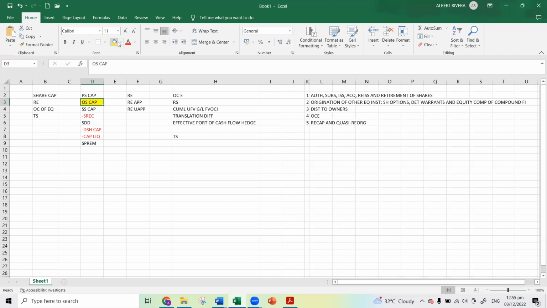Ano yan? Right to purchase additional shares. That's number 2. Number 3, right to share in the corporate profits or the dividends. And number 4, right to share in the net assets of the corporation upon liquidation. Okay?